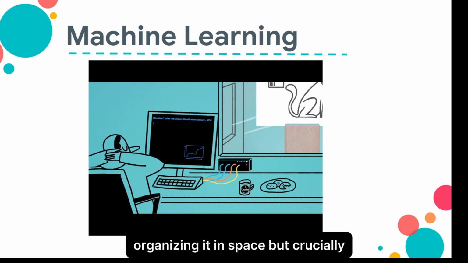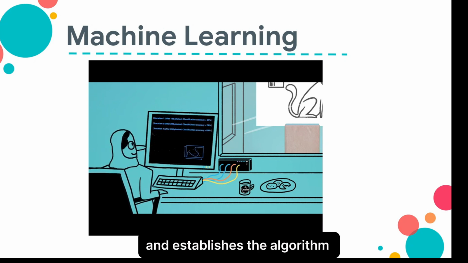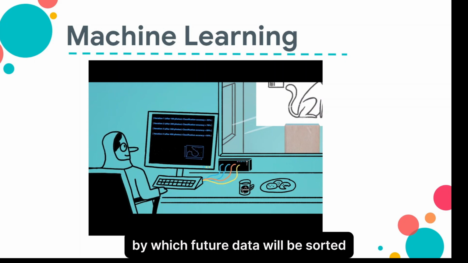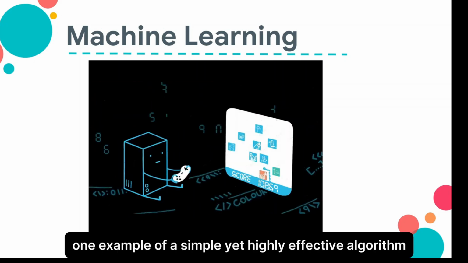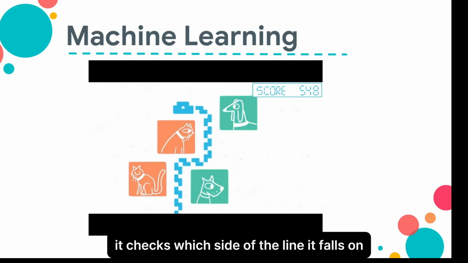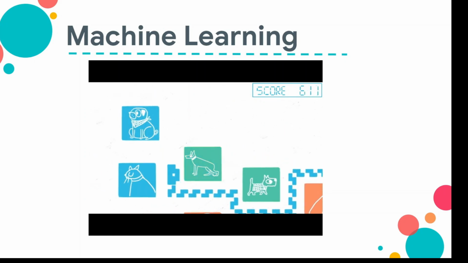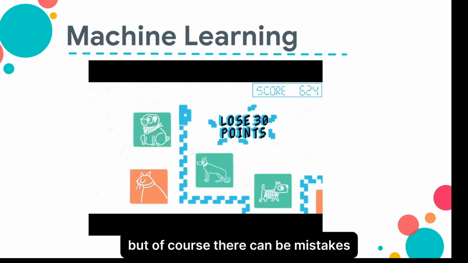But, crucially, it's the computer, not the programmer, that identifies those patterns and establishes the algorithm by which future data will be sorted. One example of a simple yet highly effective algorithm is to find the optimal line separating cats from dogs. When the computer sees a new picture, it checks which side of the line it falls on and then says either cat or dog. But of course there can be mistakes.